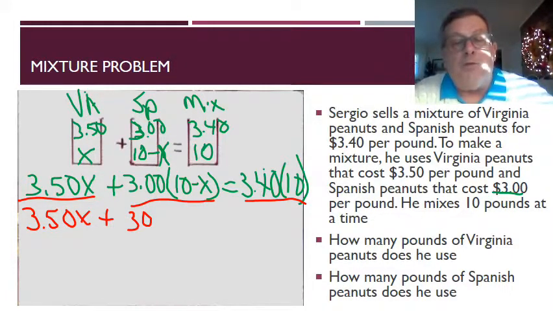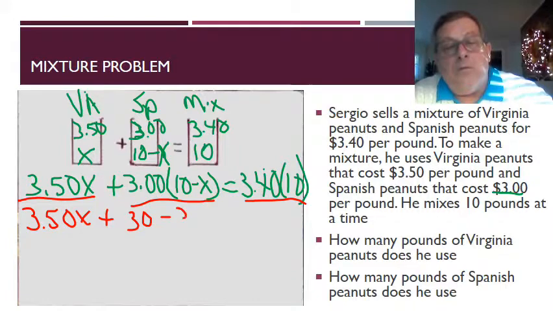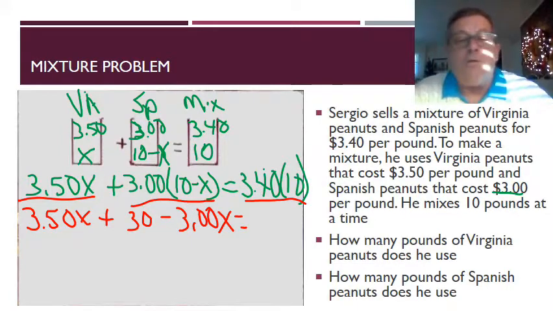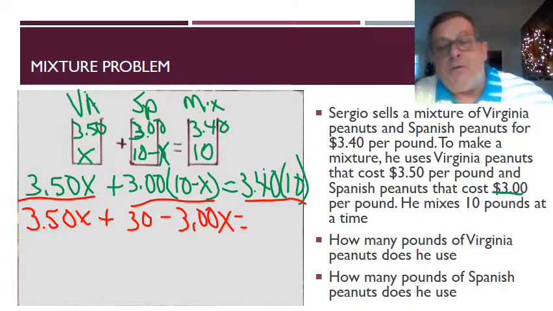And when I distribute the 3 to the minus x, I'm going to end up with 3x. I'll go ahead and put the decimals in, don't have to. Equals, and now I'm going to multiply the 340 times the 10, which would give me 34.